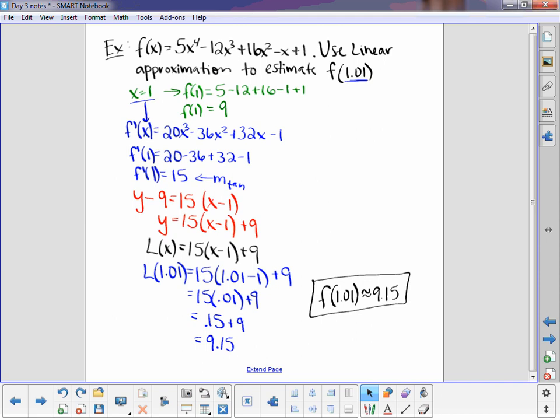You do want to make sure you always finish in the end to write it out. You want to make sure that you do finish it out where you say, hey, the function value at 1.01 is approximately 9.15. Make sure you use proper notation. They ask for that, so answer that.